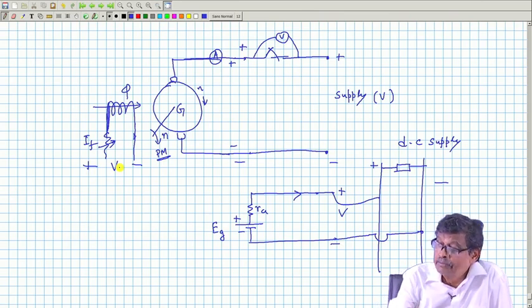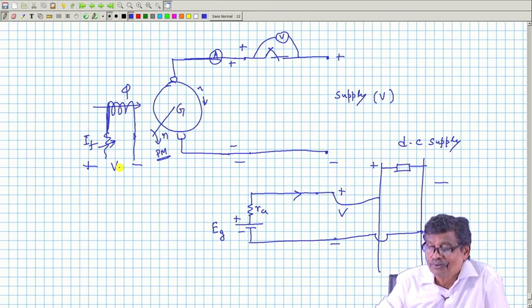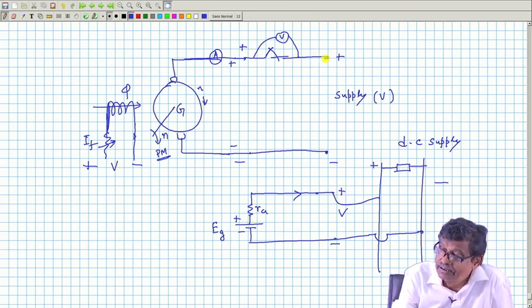Then this machine armature is already connected across this supply, field is there, there is no prime mover. Therefore, it will run as a motor, and obviously, it will draw current from the supply.